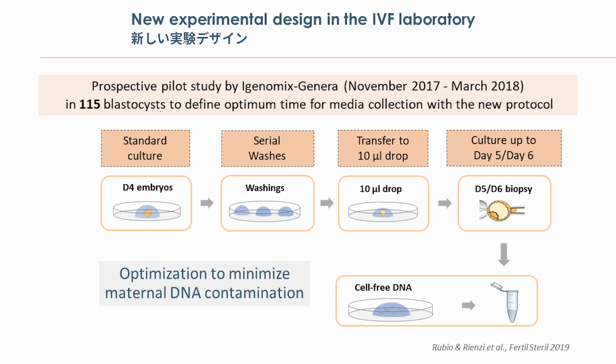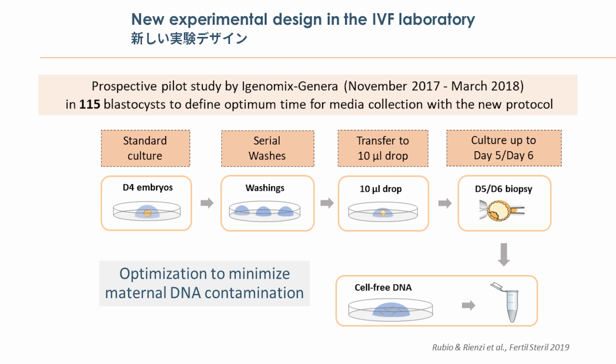So on day 4, early in the morning, or very late on day 3, we suggest to do special washings, to wash individually each embryo in a series of drops to eliminate the DNA and the contamination from the previous days, and then to transfer the embryo after the washings to a small drop, 10 microliter drop. A smaller volume allows us to concentrate the DNA released into the media. So 10 to 15 microliter drops work very nicely.